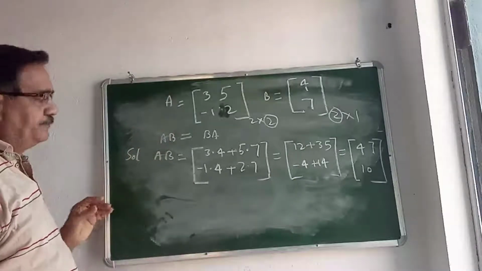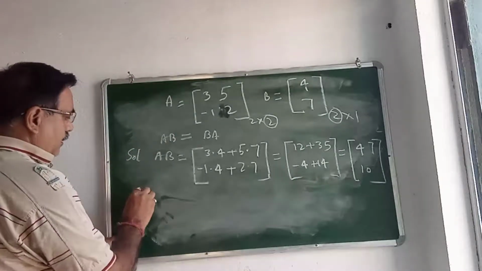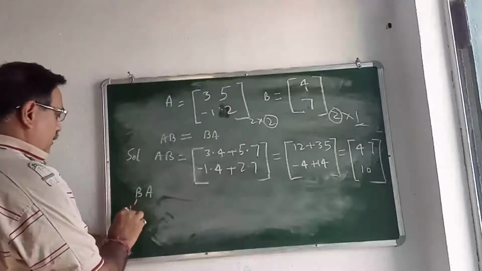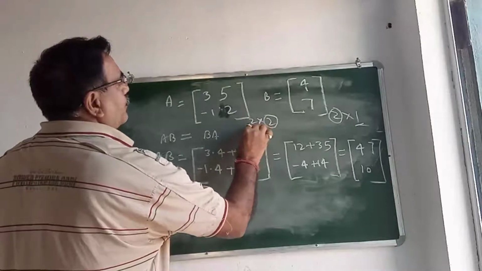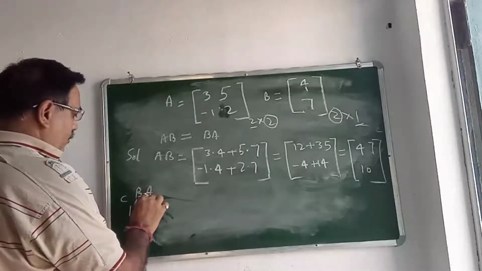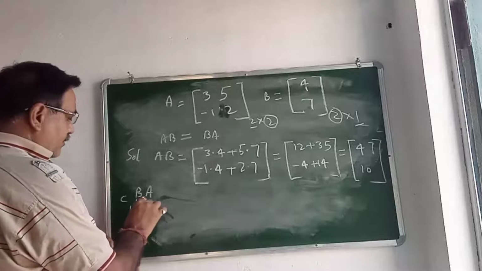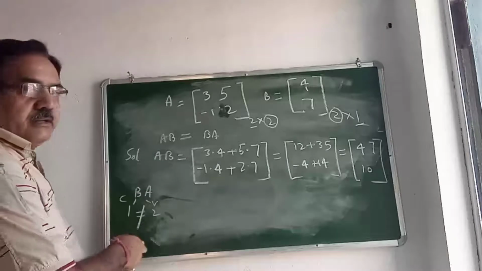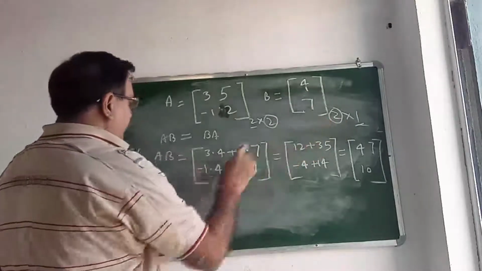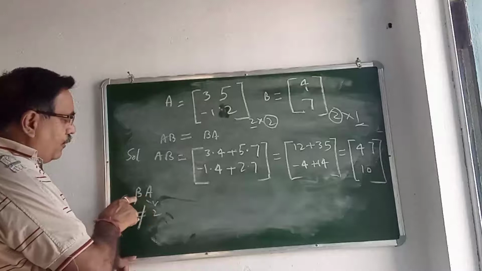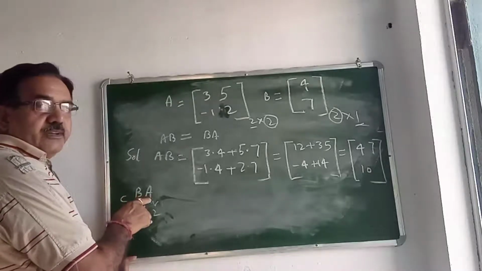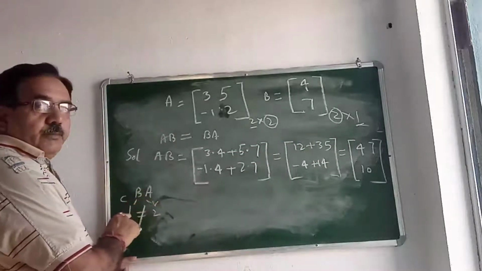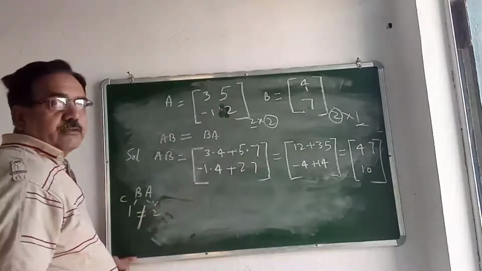Now check BA. The column of the first, B, is 1, and the row of A is 2. This is not equal. When we multiply BA, the column of B must be equal to the row of the second. Column of B is 1 here and row of A is 2, which is not equal. So BA is not possible.